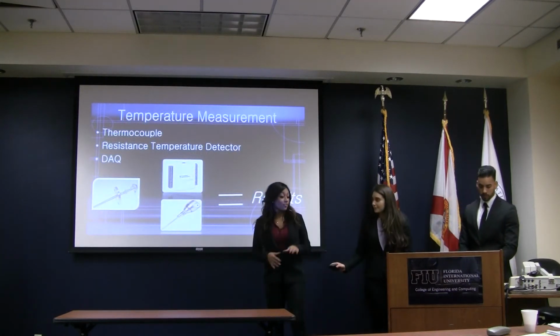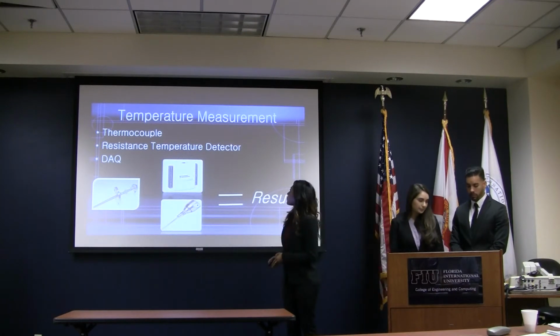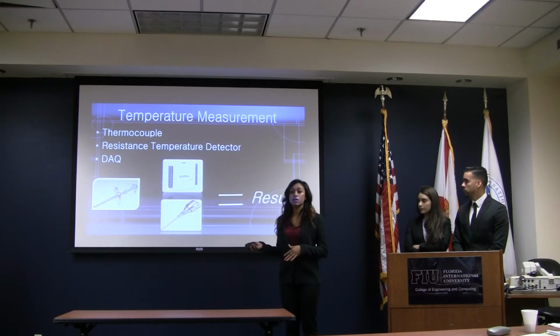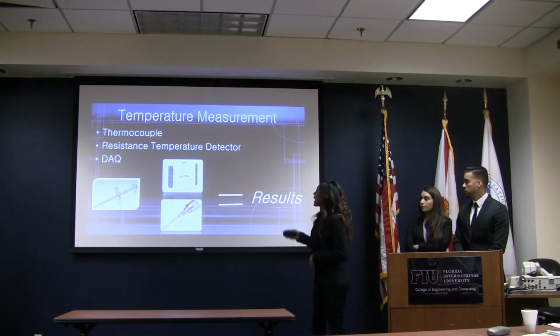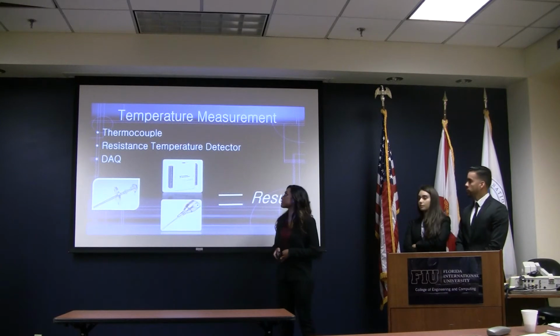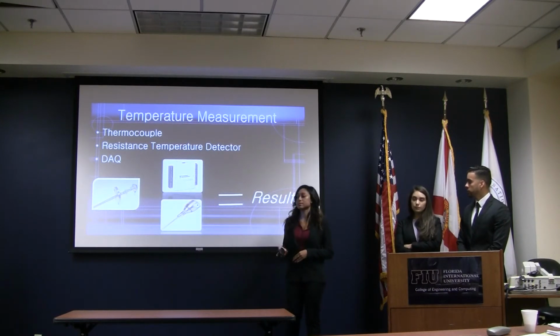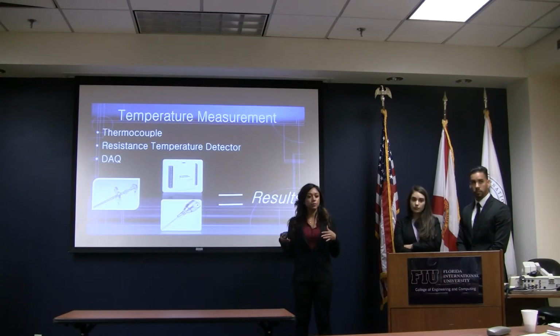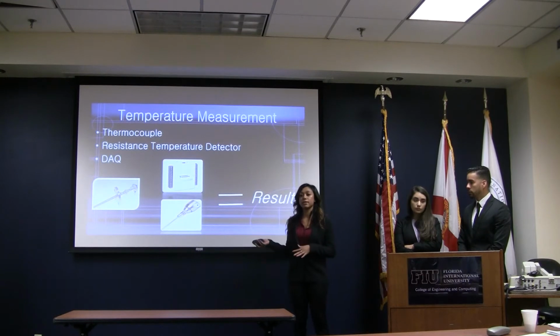Hello. The following items that I will be discussing are possible options that we will be using towards our designs, and also part of our literature survey. As for the temperature measurement devices, we have the thermocouple, the resistance temperature detector, and the DAQ system. The thermocouple is a device that once it senses a change in temperature, it produces a voltage, and then that voltage is used alongside a thermocouple calibration table to calculate the temperature.